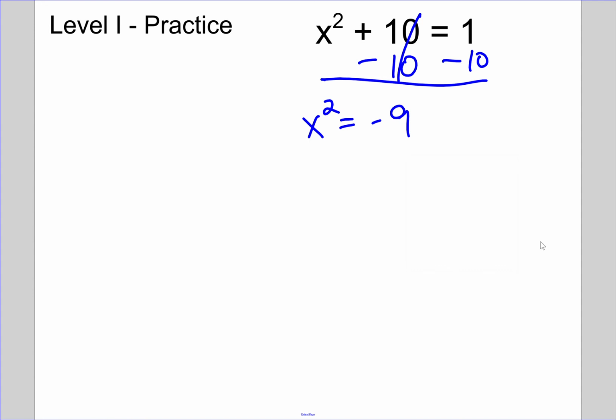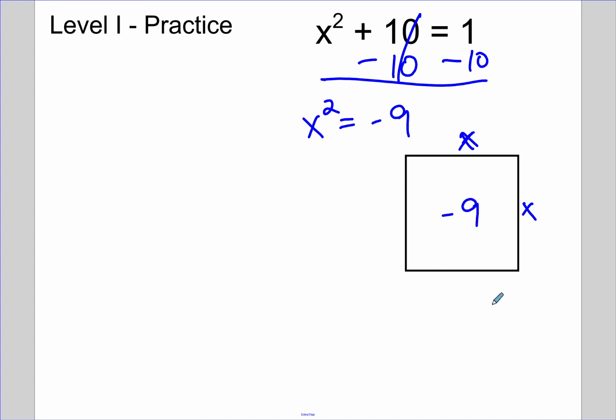Now, again, thinking about this geometrically, we're looking for the numbers that, when we multiply, give us side lengths of x, and then we have an area of negative 9 this time, right? And so that's the question.